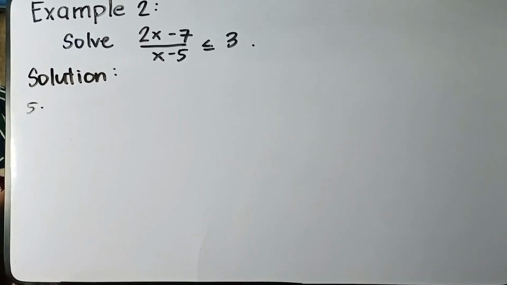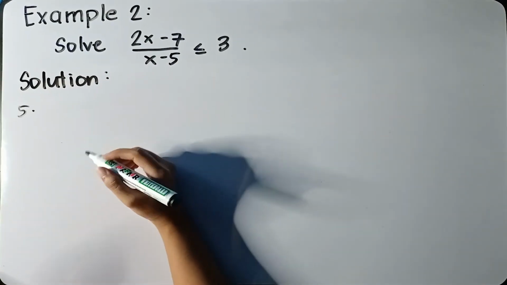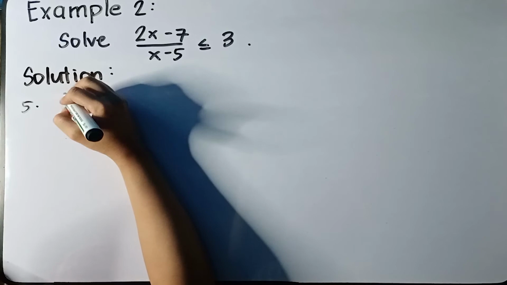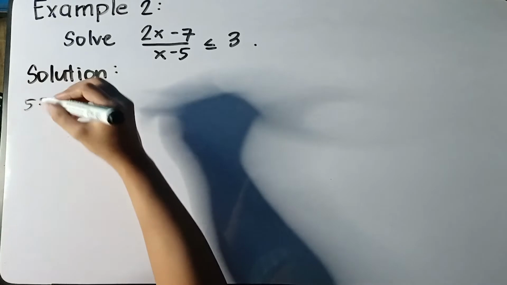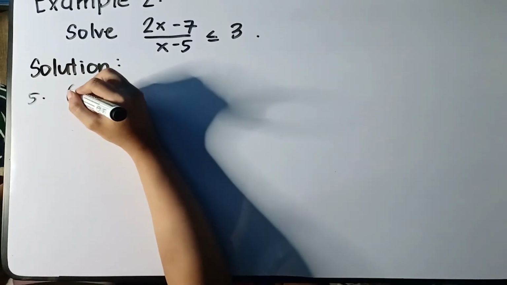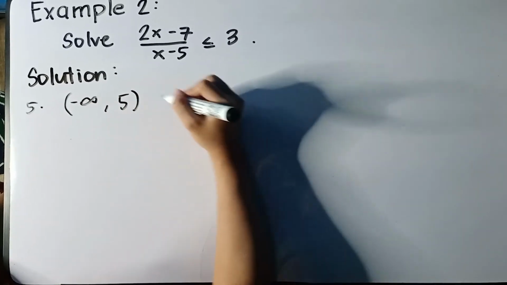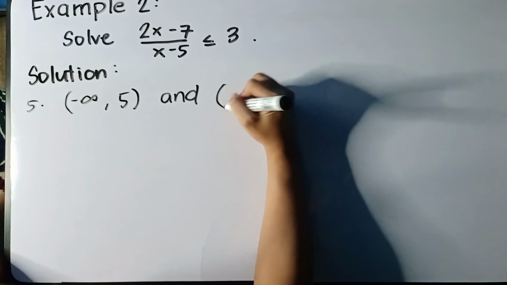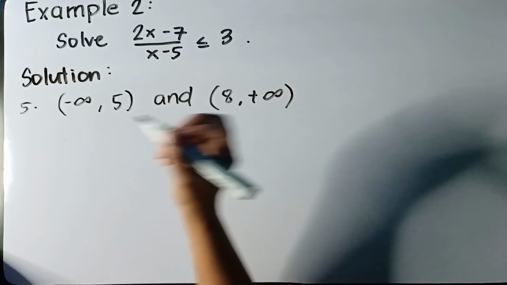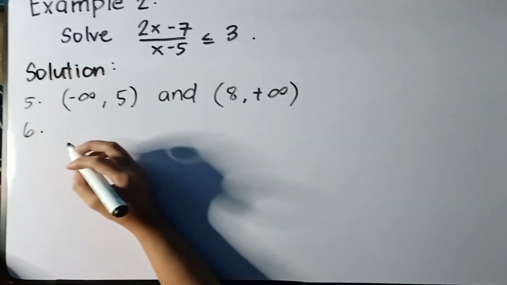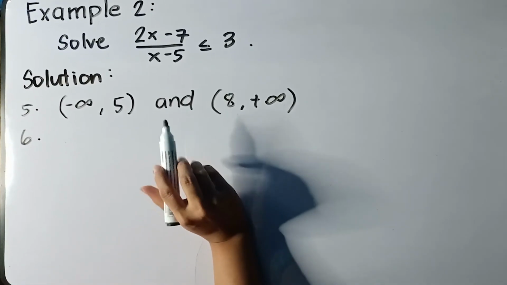So, from step 4, the intervals that satisfy the rational inequality are negative infinity to positive 5, and 8 to positive infinity. For the last step, we need to determine if these critical points are included in our solution set.